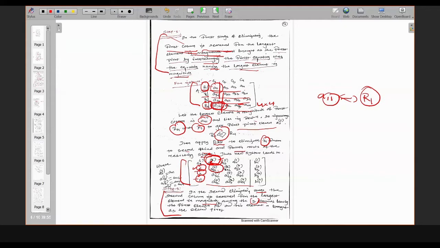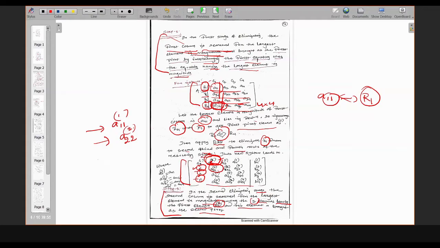I had clearly written here: leaving the first element A12, you do not consider it while searching for the largest element, and the chosen element is brought in as the second pivot. In the first stage, you got the first pivot A11. In the second stage, you find the second pivot, that is A22.